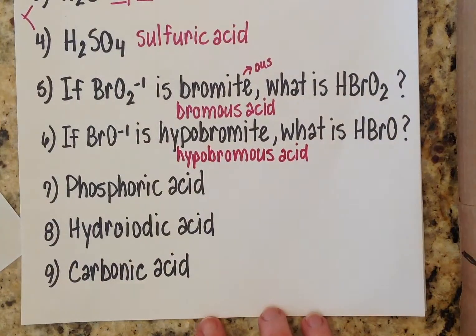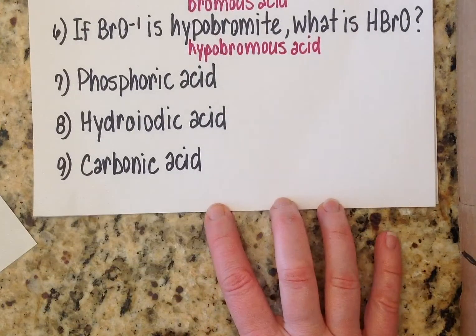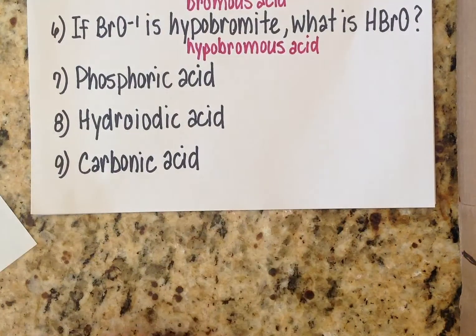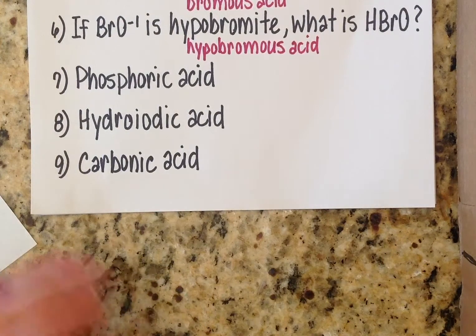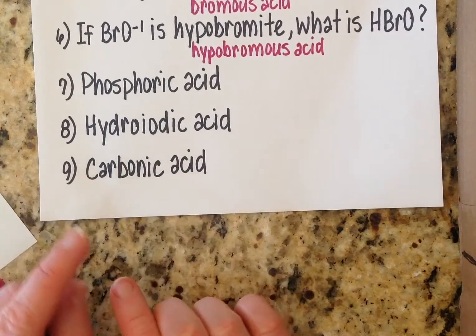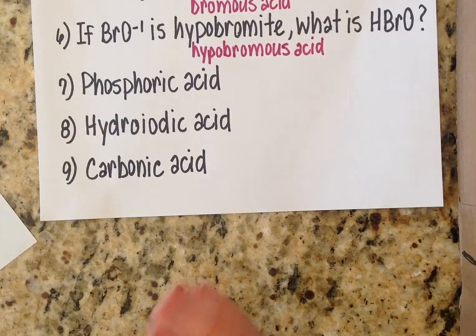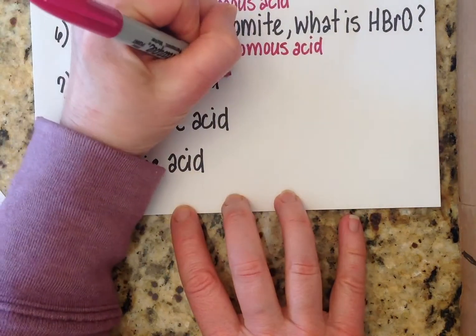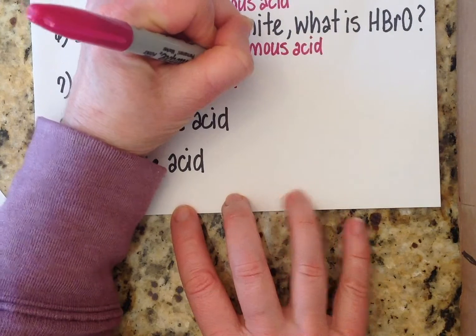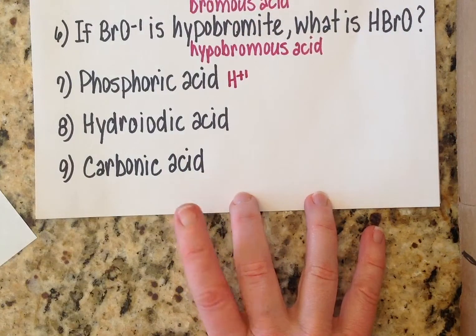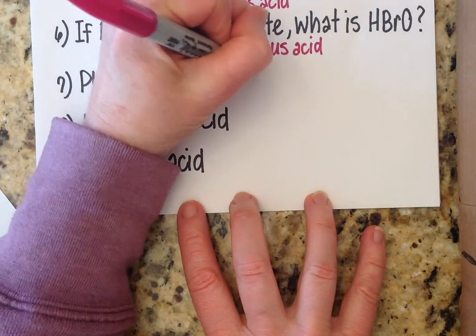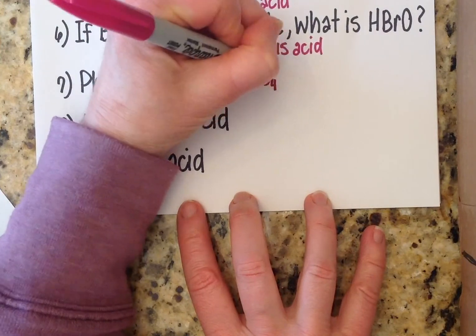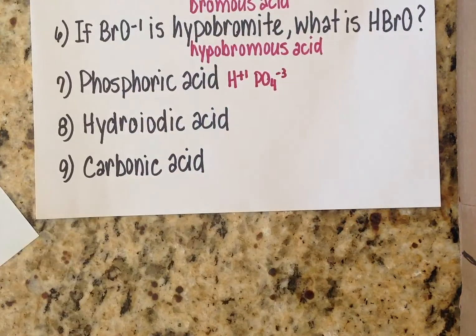Okay, let's look at 7, 8, and 9. This time I am giving you the name and I'm looking for the formula. So phosphoric acid, that came from phosphate because ate turned into ic. So I'm kind of thinking backwards here. I know that hydronium has a +1 charge. I know that phosphate is PO4 3 negative, or -3, because that's a polyatomic ion and we have memorized that.